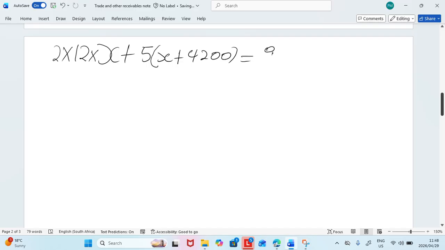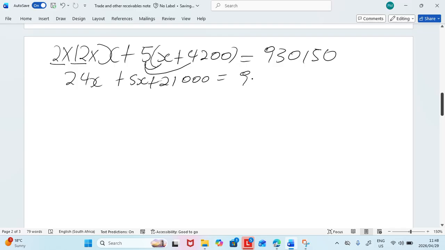And then the total amount from our list of balances is 930,150. Now we need to solve for X. 2 times 12 is 24X. 5 times X, you will have 5X. 5 times the 4,200, you will have 21,000. So 24X plus 5X, it will be 29X equals 930,150.